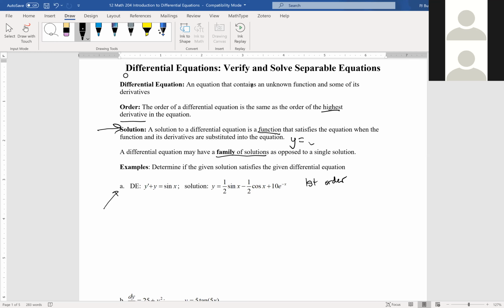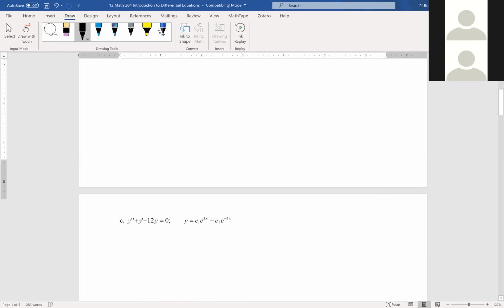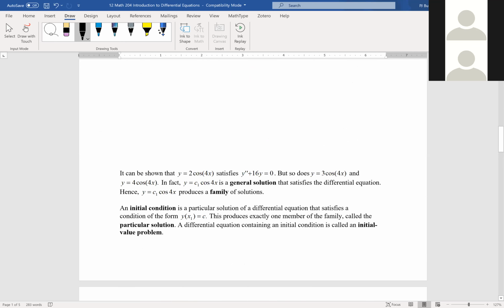So we would have something plus c. So that c now is what differentiates between two types of solutions. So let me just define those before I continue.